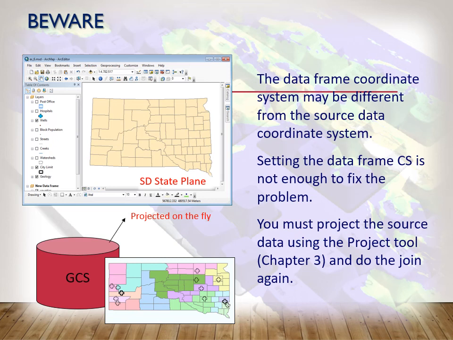It doesn't actually change the properties of each data layer in terms of its coordinate system. So bottom line, you must project the source data, whichever data you're using to calculate the distance, using the Project tool, not Define Projection, into a projection that preserves distance.